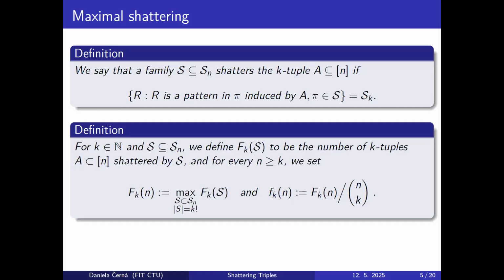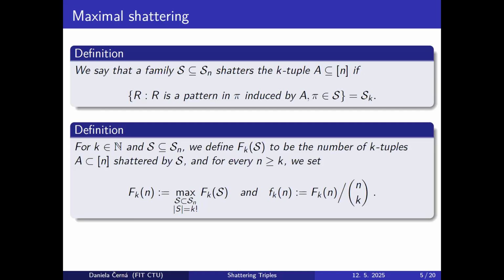So for a family S, we define f_k(S) to be just the number of k-tuples that are shattered. And then for k and n, we look at the maximum possible number of k-tuples shattered, where we set the size of S being k factorial. And small f_k(n) is just the normalized version of this number, because you look at the number of k-tuples that are shattered and divide by the number of all k-tuples.